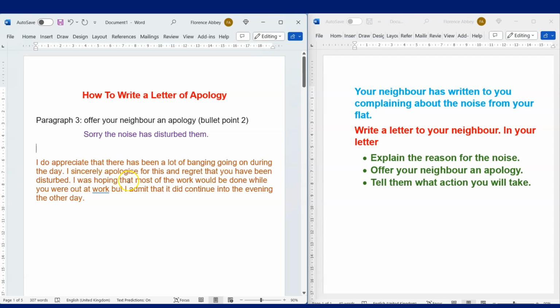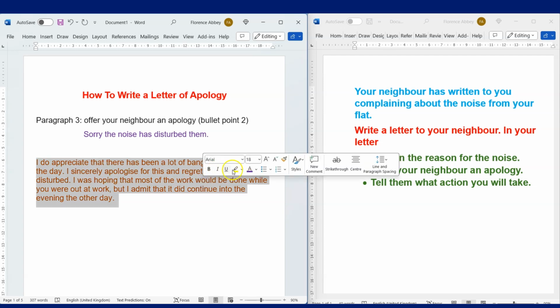I was hoping that most of the work would be done while you were out at work, but I admit that it did continue into the evening the other day. So you can see that we are just explaining that we understand the problem of our neighbor, and we are sincerely apologizing.